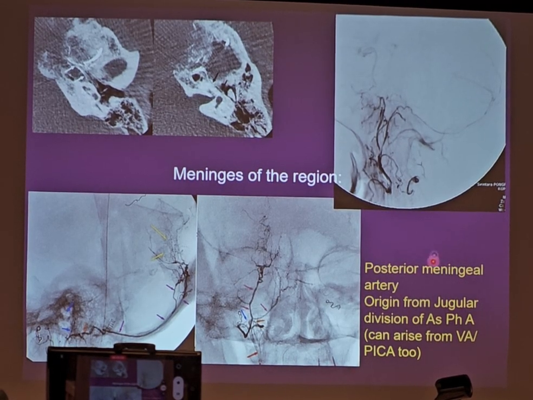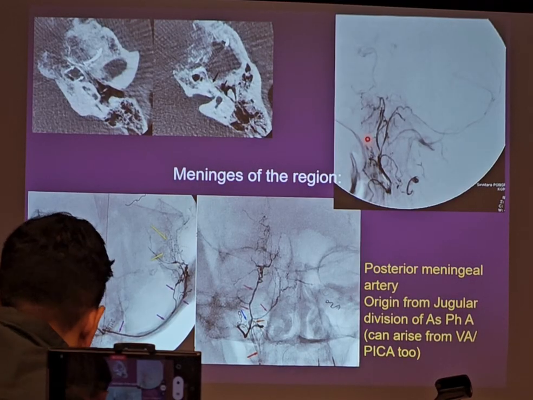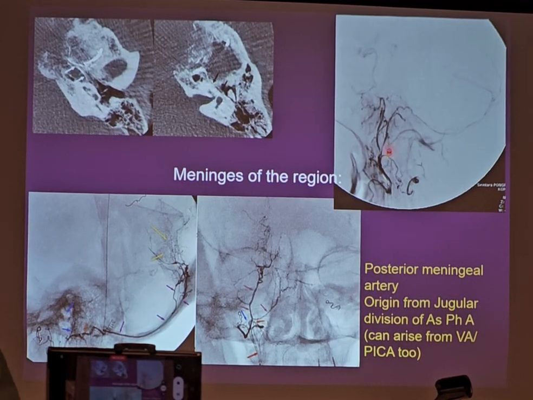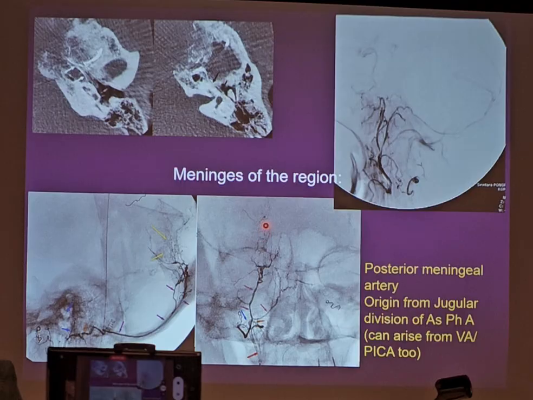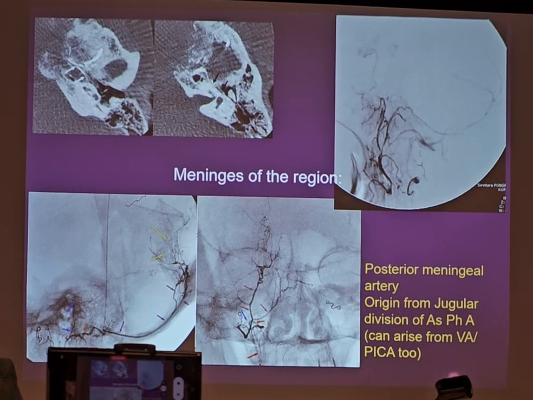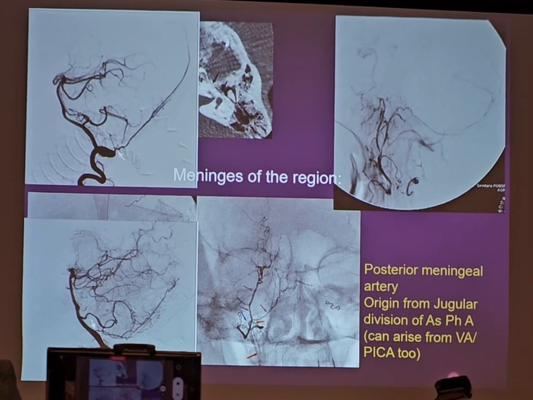The posterior meningeal artery can come from the jugular division of the ascending pharyngeal, and it has a very typical straight course along the dura. And in AP view, it is quite unique to see the straight oblique artery over there. And as you know, it can also come from the vertebral artery or the PICA, also as a meningeal branch.